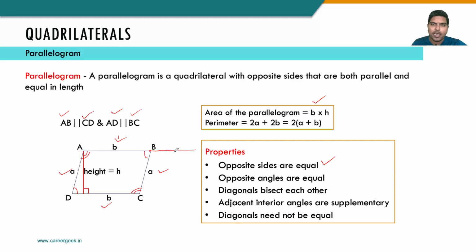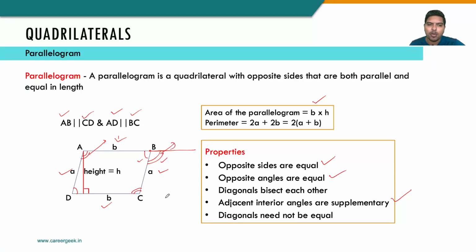If you extend this, you will see that these two angles are the same because AD and BC are parallel to each other. This angle and this angle form a straight angle, so they are supplementary to each other. Adjacent interior angles are supplementary. And yes, opposite angles are equal, definitely.